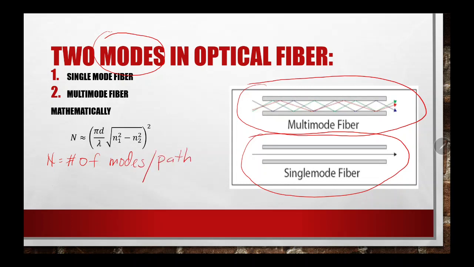And then yung D is the core diameter. And then yung lambda is the wavelength of the light. So, familiar naman tayo sa lambda. And then N1 will be the refractive index of core.